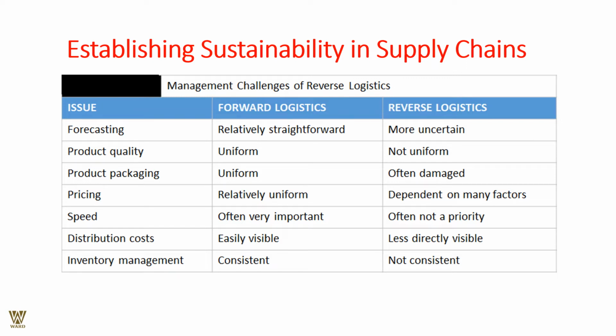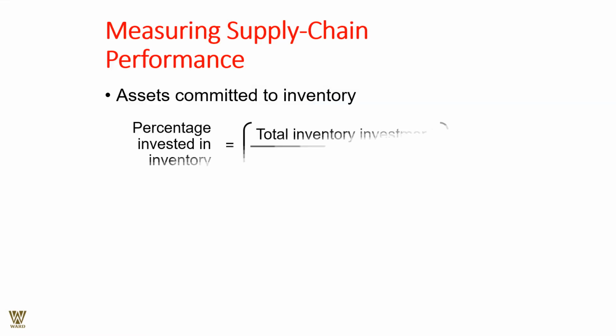Distribution cost is easily visible in forward logistics, which might not be visible at all with reverse logistics. And inventory management is consistent with forward logistics and inconsistent with reverse logistics because you are not able to predict the forecasting method or the product quality. So the inventory management definitely is not very uniform.